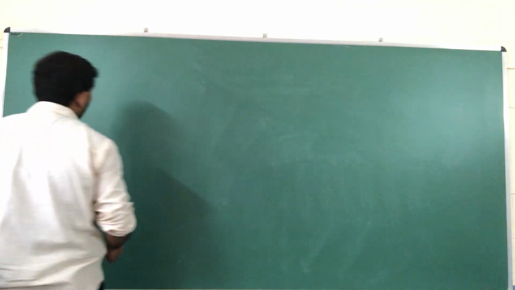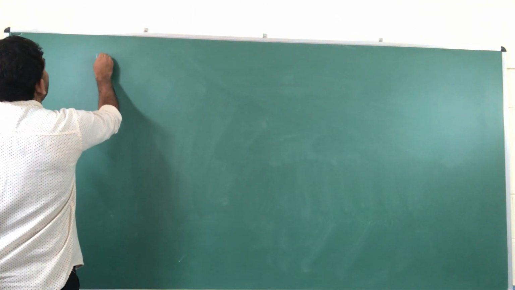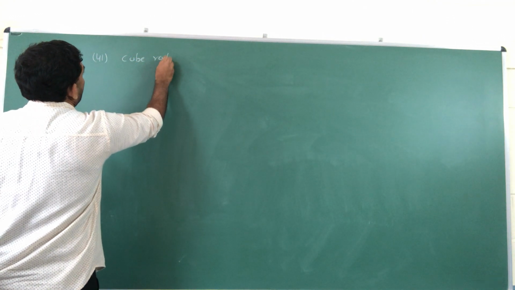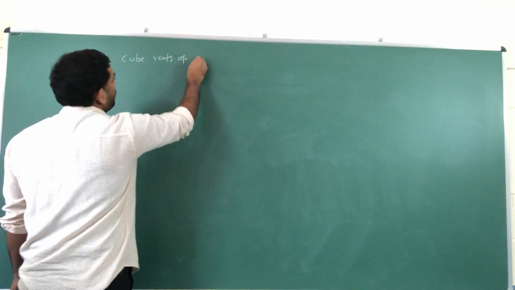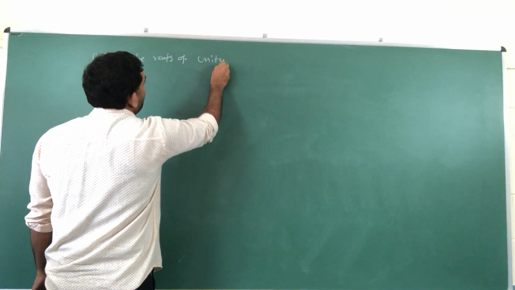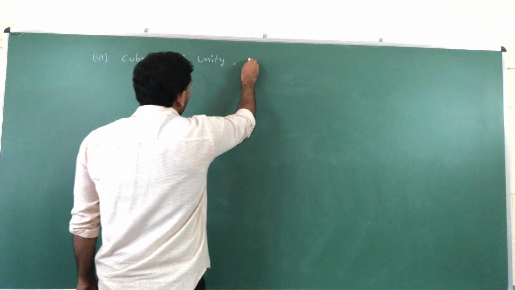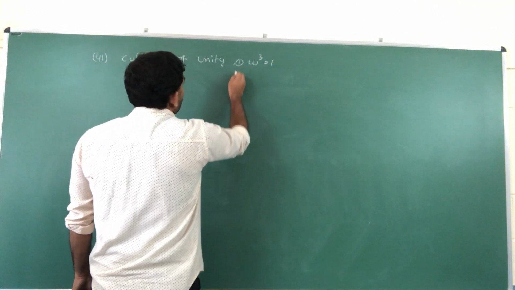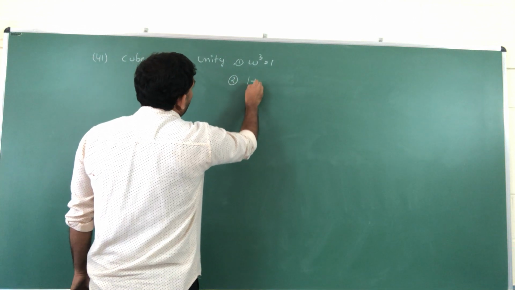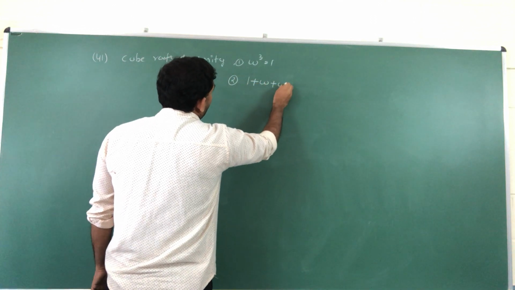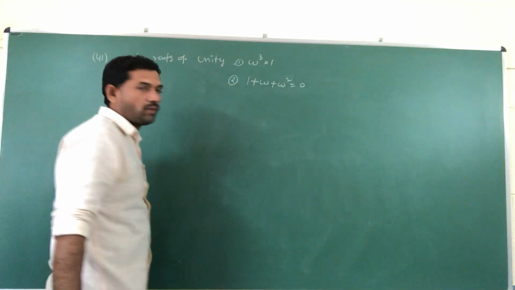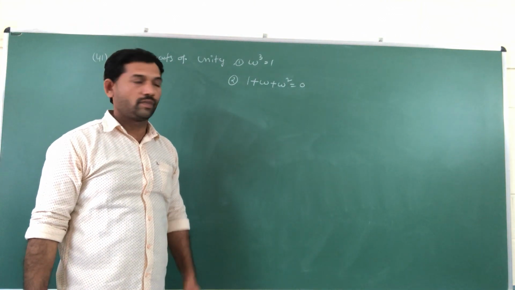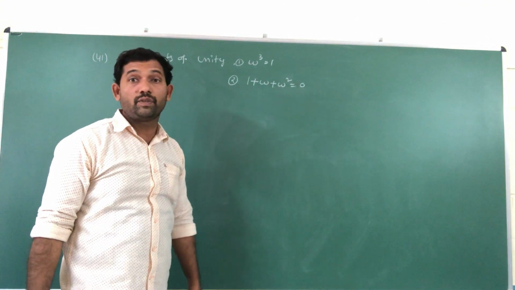Cube roots of unity means, first point, omega cube is equal to 1. Second point, 1 plus omega plus omega square is equal to 0. These two conditions are always included.